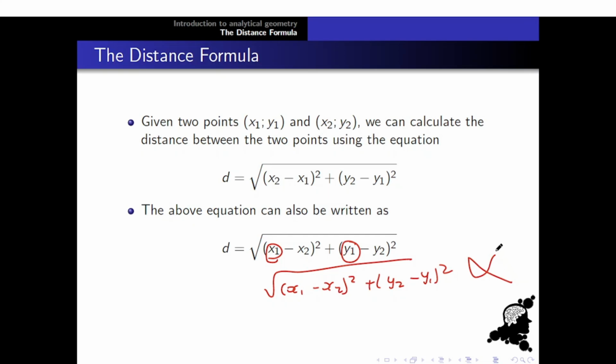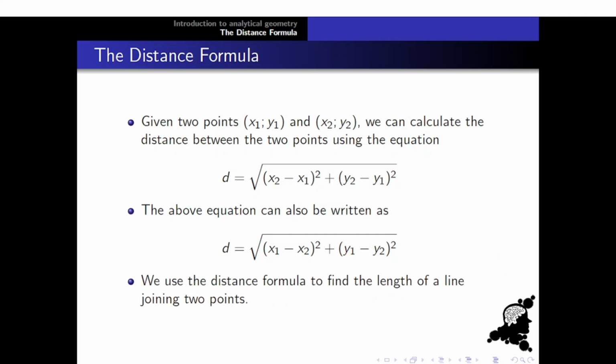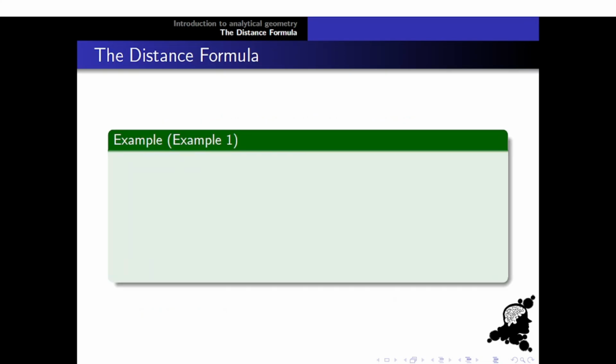This is absolutely wrong and should be avoided at all costs. So, once again, we use the distance formula to find the length of a line joining 2 points. One way that you will see that you need to use the distance formula is that the question will say to you determine the length of some line, as we would see in the next few examples.